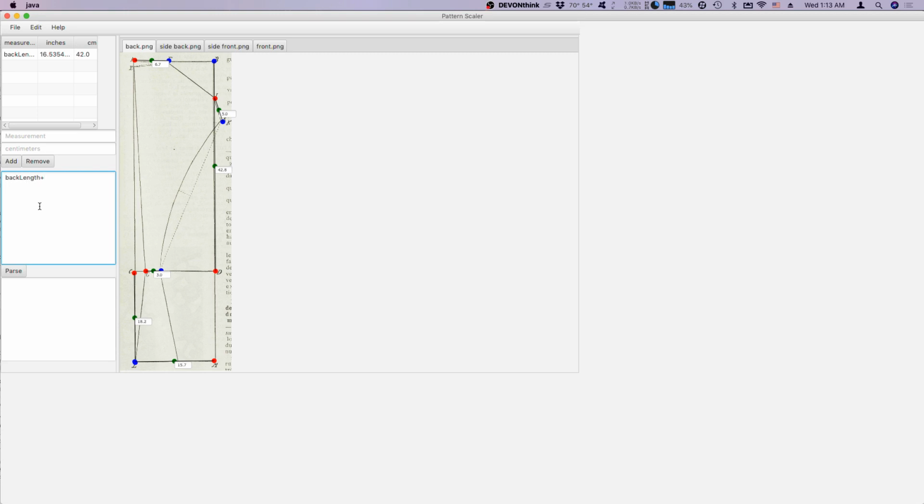So back length plus 1 is equal to 43, which is close enough to that. Now, for hip depth, it's not 20 centimeters for this particular pattern, but I shortened it to 18.5, say.